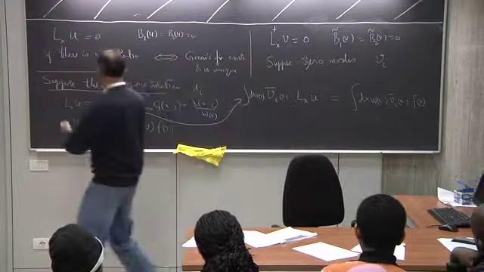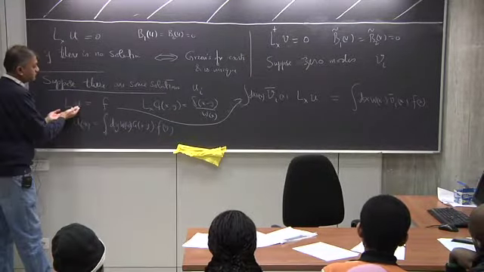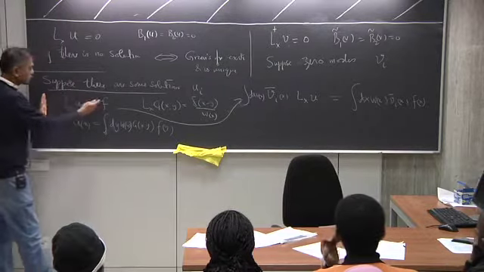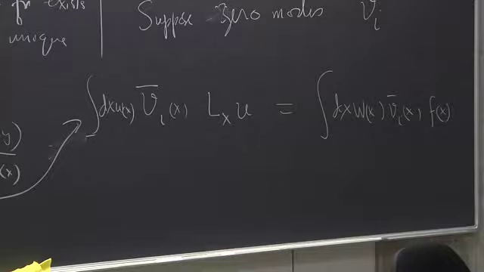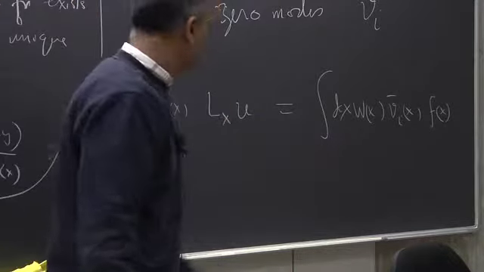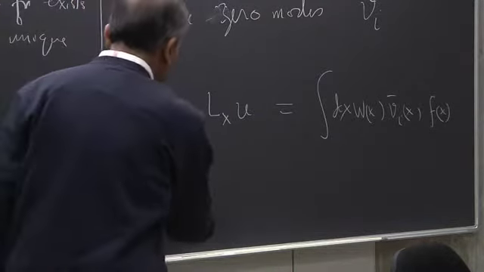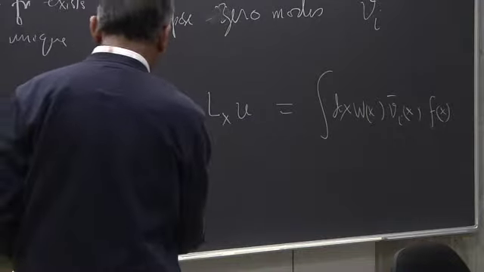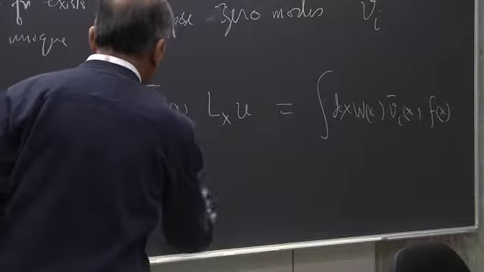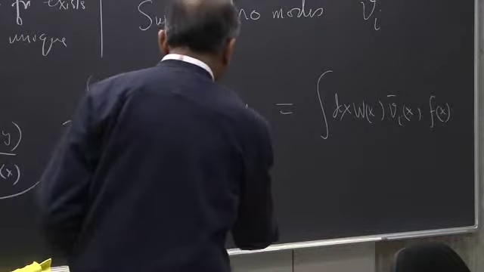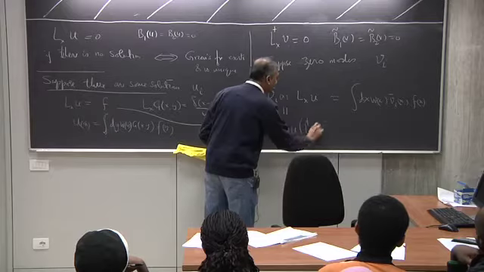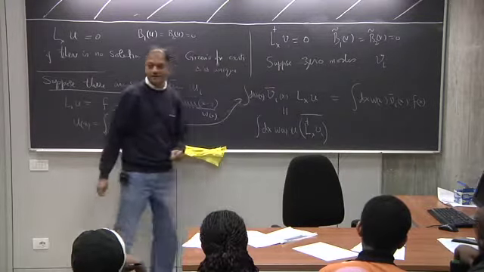I am saying that suppose there is some u which satisfies this equation. I then take both sides of this equation and take the scalar product with vi. So you get that. On the other hand, this quantity is the same as the integral dx w(x) u times L dagger x vi whole thing bar, right, by Green's identity.